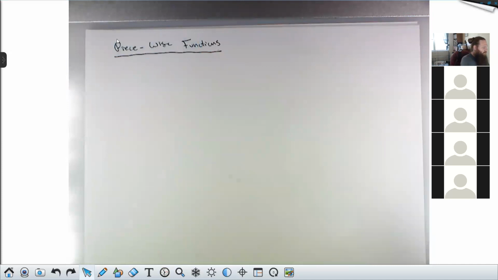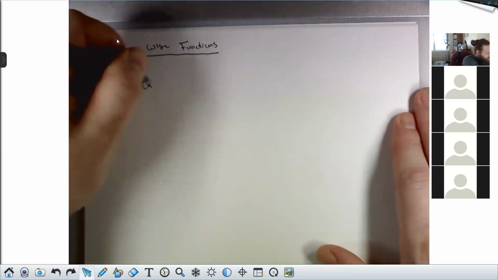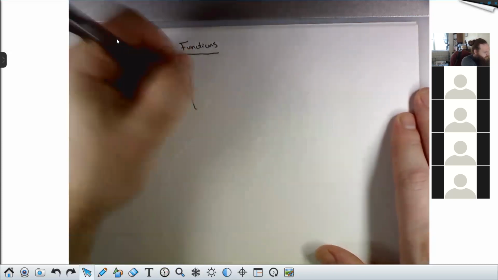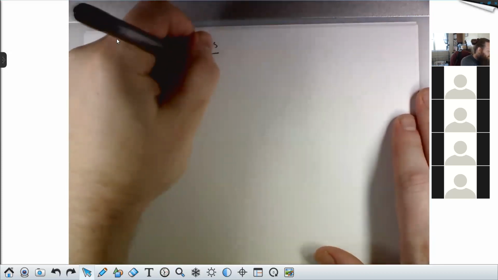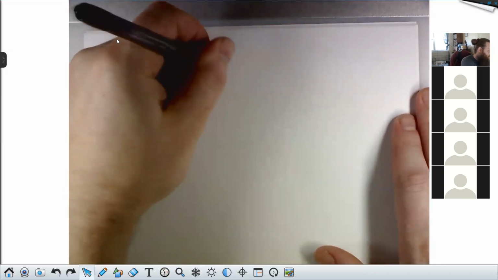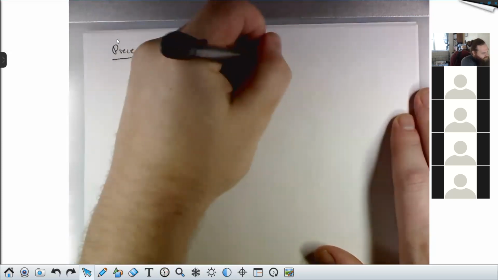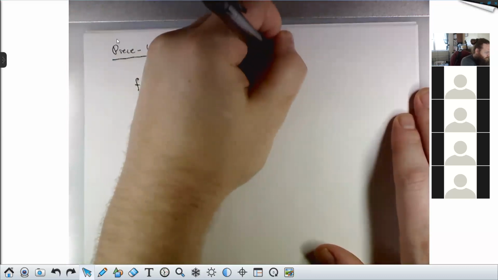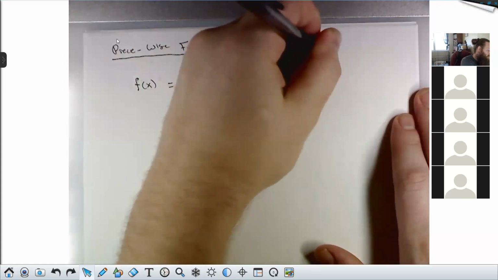What a piecewise function is this? You'll see something like f of x equals, and then curly braces. And then you'll have a few different formulas, and then a specified domain. I'll say it like this: a range of x values, a piece of your domain.